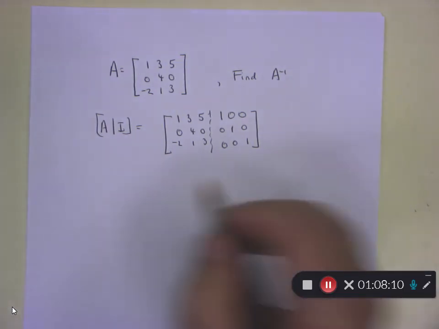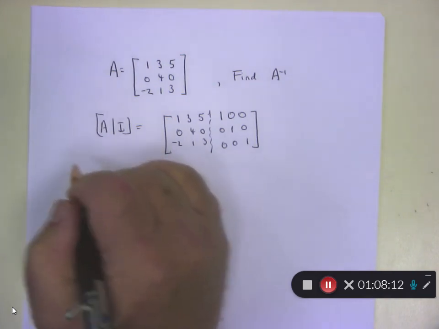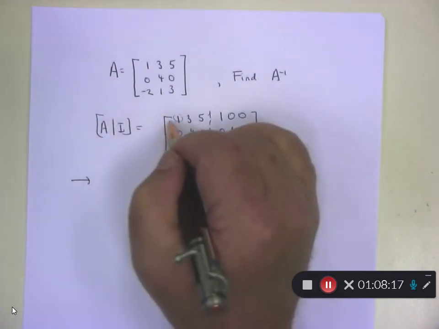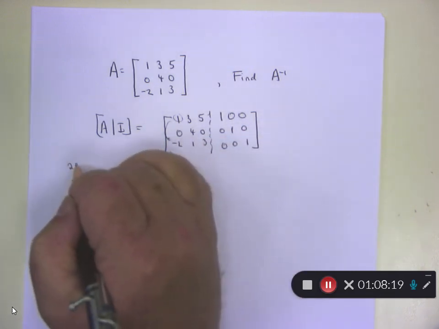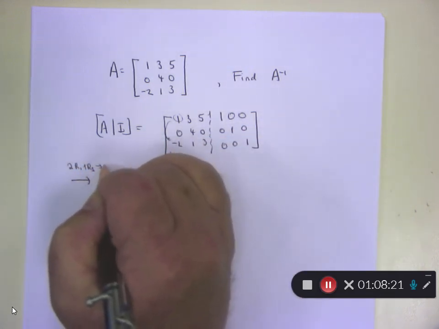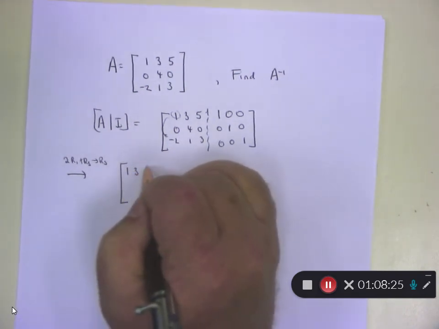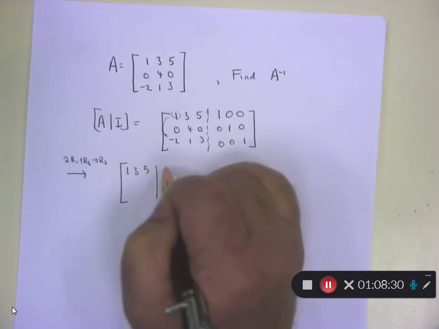Here we go. What's my first move? I'm going to take this pivot and sweep down. That's 2 times row 1, added to row 3, replace row 3. This gives me 1, 3, 5, augment 1, 0, 0.